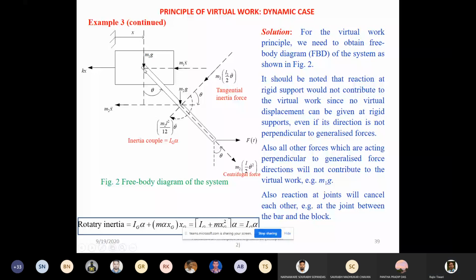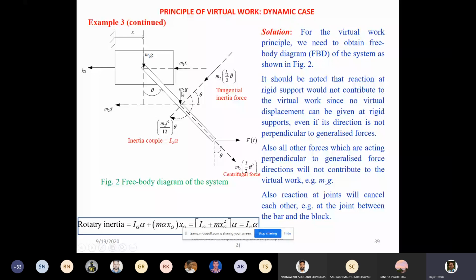The bar is not only swinging but is moving along with the car. So at the center of gravity, there will be an inertia force, m2 x double dot. Because this pendulum is moving along with the car, that component of the inertia force will be acting at the center of gravity. The weight of this bar will also be acting at the center of gravity, that will be m2g.